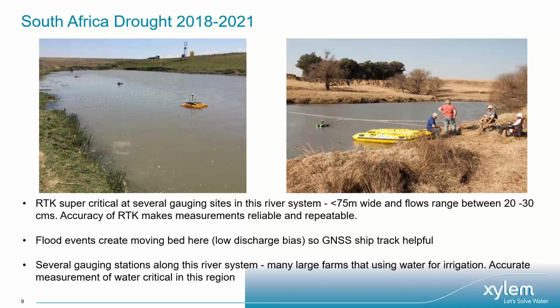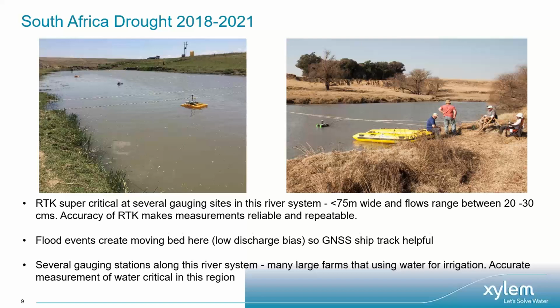Most of these sites were less than 75 meters wide, and the flows range from 20 to 30 cubic centimeters per second. And so for them, the repeatability and reliability of measurements required the RTK system. Now, when you have a flood event, for example, many times you're going to be looking at a moving bed, and what this results in your discharge value is just a low discharge bias.